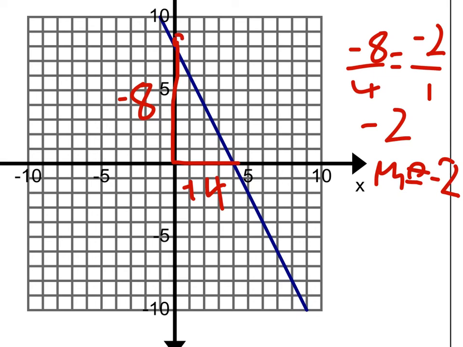Next, the y-intercept is right here at open parentheses. Yeah. The y-intercept is at open parentheses 0, 8, close parentheses. So that would mean b is equal to 8.